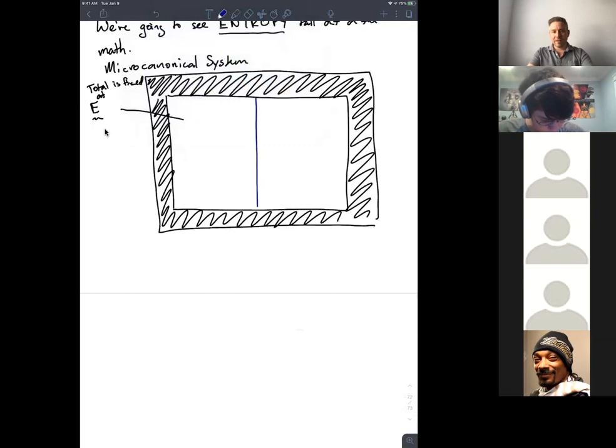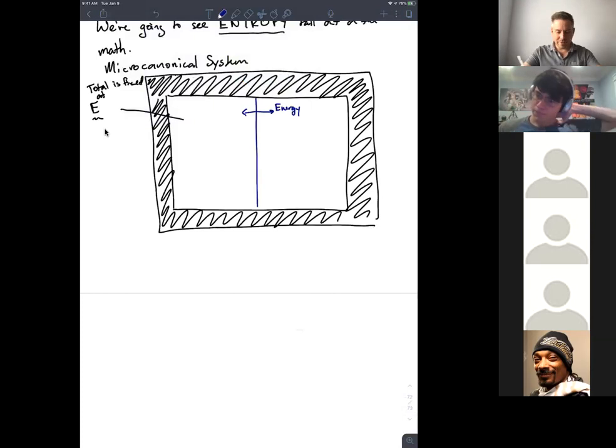Now this barrier is special in that if we put something like a gas into the box, the molecules cannot pass through this barrier, whatever it is, but energy is able to be transferred back and forth across the barrier.